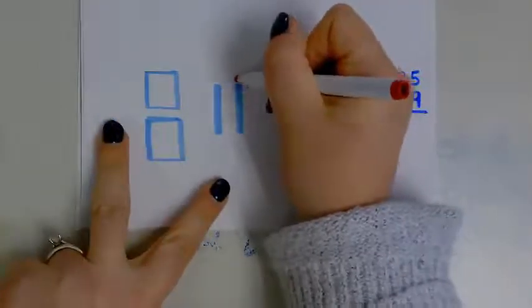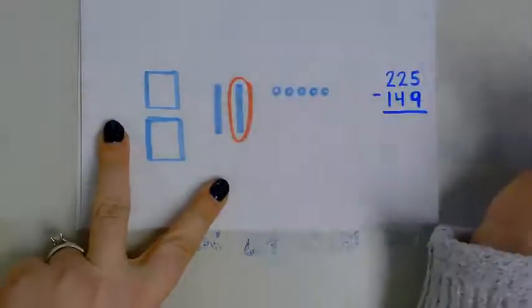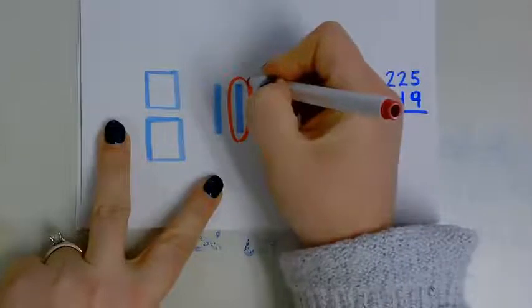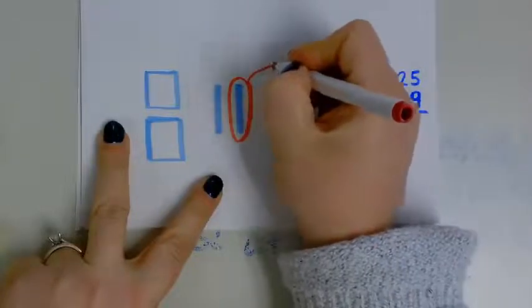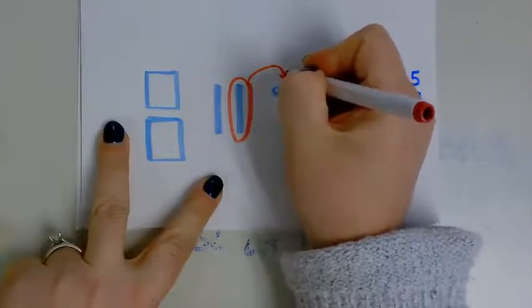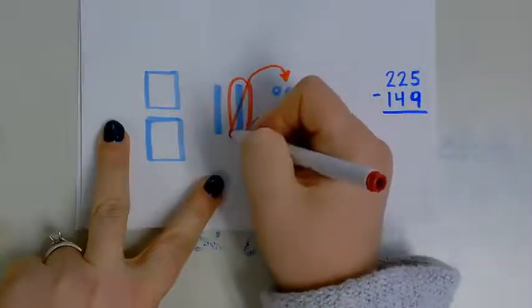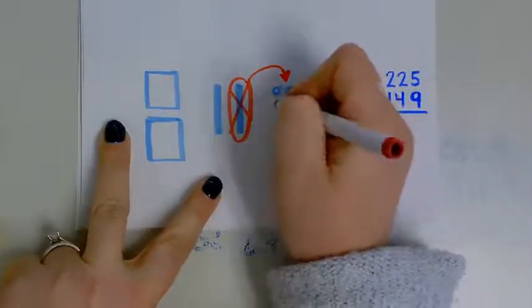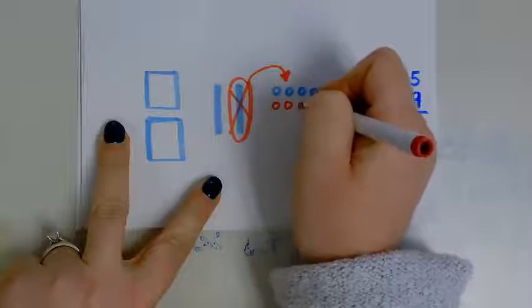So I know that I need to go next door and get a 10 stick and then move that 10 stick over to the ones place. When it comes over to the ones place, it becomes 10 ones.